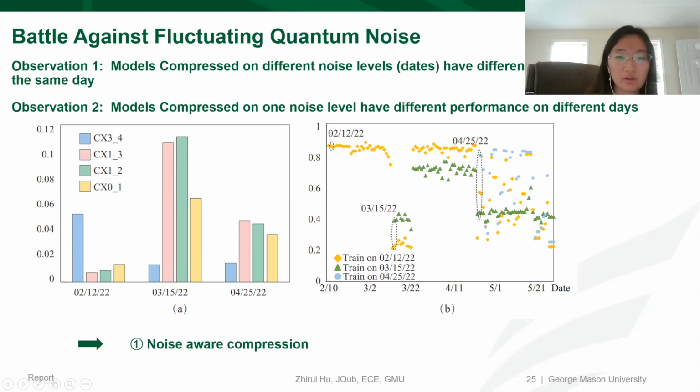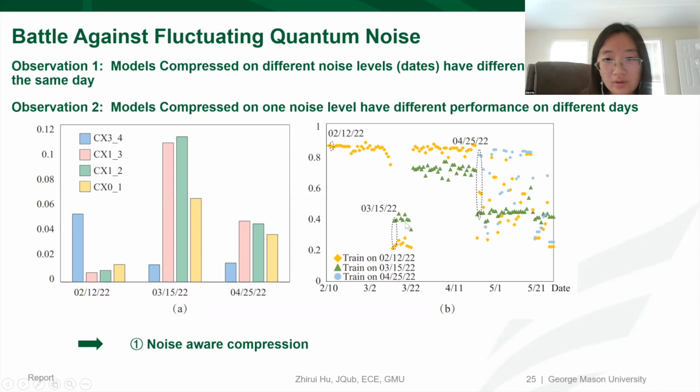We can see that the model trained on the first day, with the small noise, can get high accuracy on some days. However, the accuracy will decrease when the noise increases, and then the accuracy will come back on the following days if the noise is small.